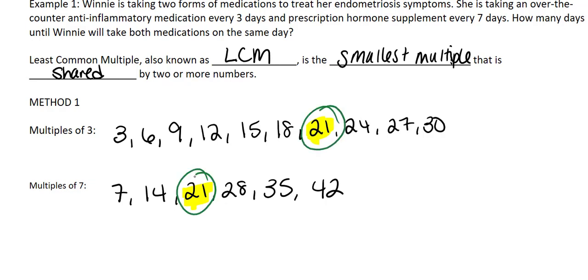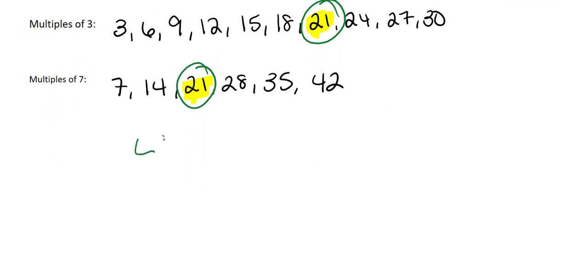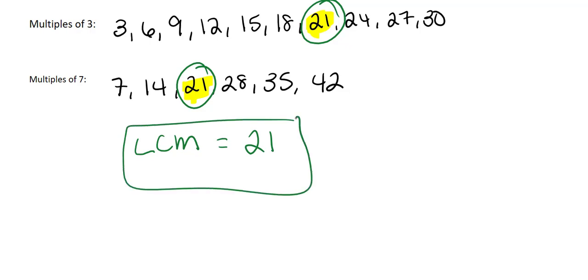So 21 is our least common multiple, right? It's a multiple of both 3 and 7, it's shared between them, and it's the least of those shared. So we would say the least common multiple of 3 and 7 is 21. So that would be our solution.